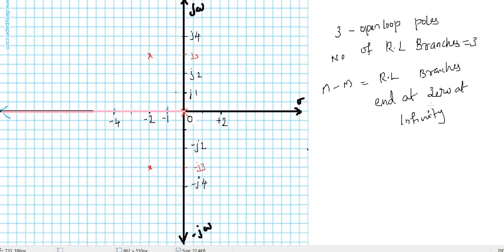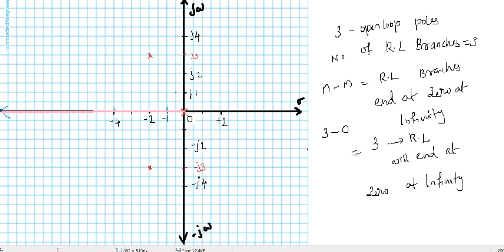Here n is equal to 3 and m is equal to 0. That means our 3 root locus branches will end at zeros at infinity. And our first branch of the root locus starts from s is equal to 0 and ends along the negative real axis.